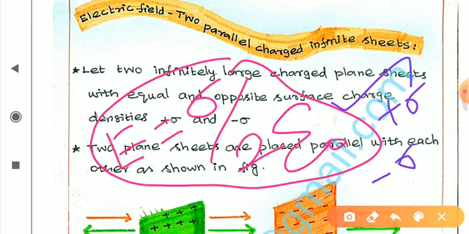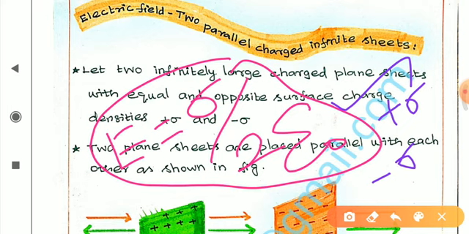So it depends only on the surface charge density. It is independent of whether the surface charge density is positive or negative. It depends only on the sigma value, and it is independent of the distance. These we have already discussed in the previous video.